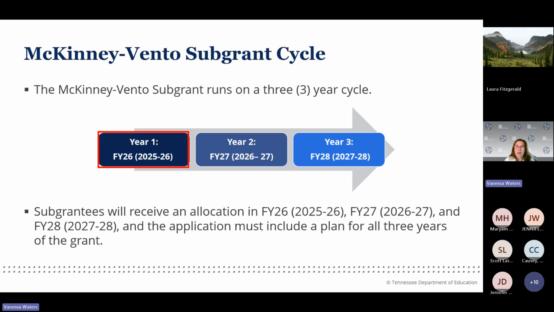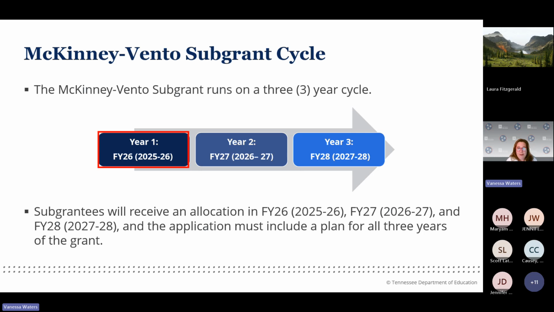So we are currently on the first year of the subgrant cycle, and you already have your funding for year one. Year two, we'll get another pot of funding, and then year three, another pot of funding. Subgrantees will receive allocations in each year. So whatever you had this year may or may not be the same amount you get next year. Again, it's all depending on what the U.S. Department of Education awards to states.